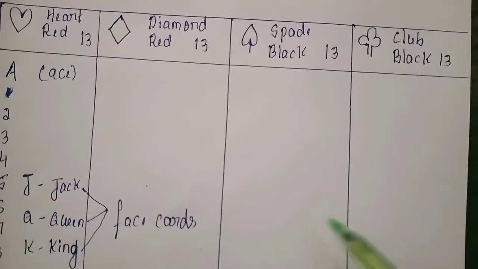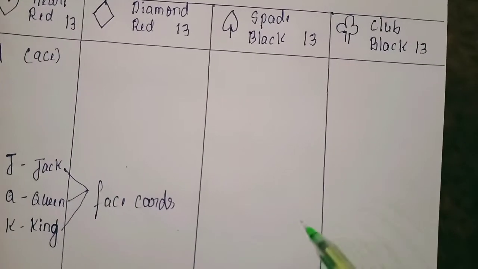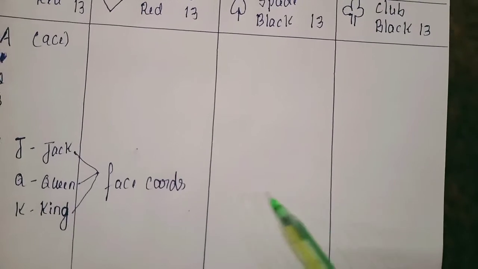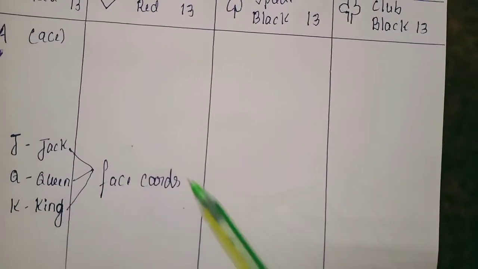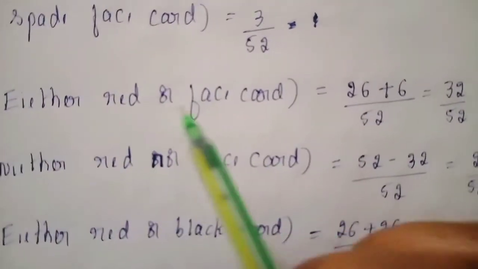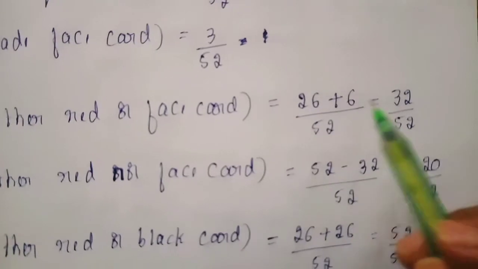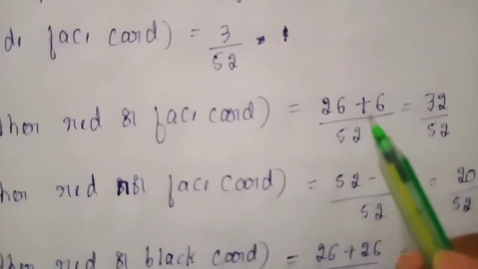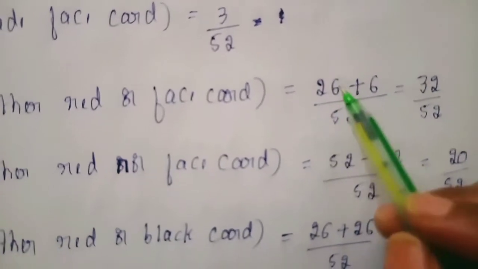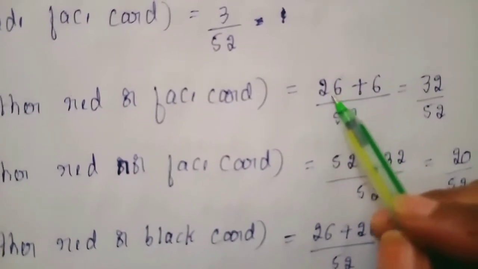So remaining face cards is how much? 3 plus 3, 6. So out of 12 face cards, only 6 you have to add because already the 6 face cards are included in these two. So don't repeat either red or face card, means don't do 26 plus 12. You have to take 26 plus 6 because 6 cards are already included in both the reds, that is diamond and heart.